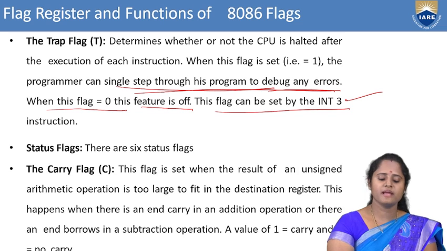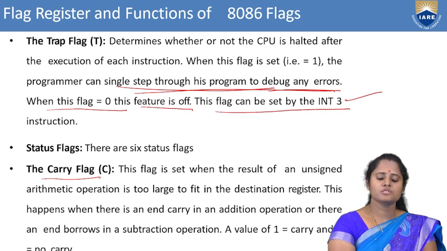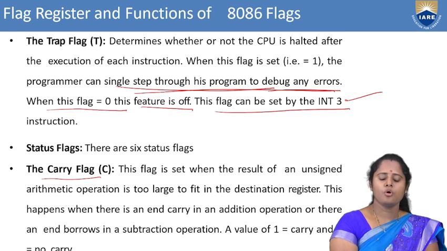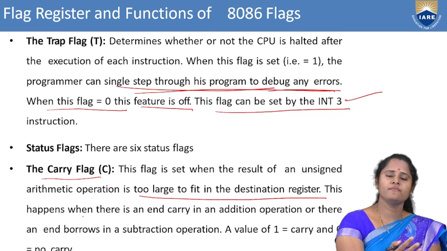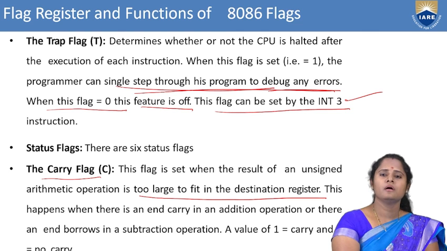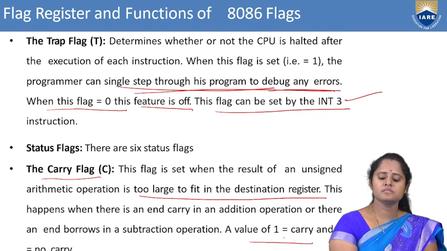Next, status flags. In that, we first have the carry flag. The carry flag is for unsigned arithmetic operations, when the result is too large to fit the memory location. So if the output has more than the prescribed 16 bits, you will get an extra bit, and that bit is called the carry. The carry flag will be 1 in that case.